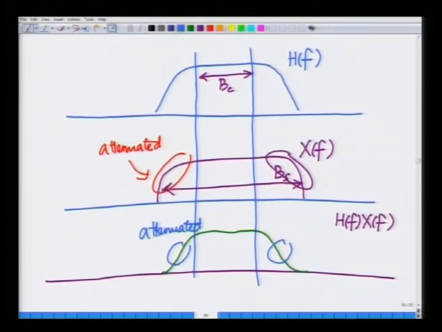Why? Because this signal has a bandwidth Bs which is greater than the coherence bandwidth. In the central part, which is within the coherence bandwidth, it is getting multiplied by the flat response, but outside the coherence bandwidth there is significant attenuation in the channel, which means the edges of this signal are going to get attenuated, and what I get is a distorted version of the input signal.